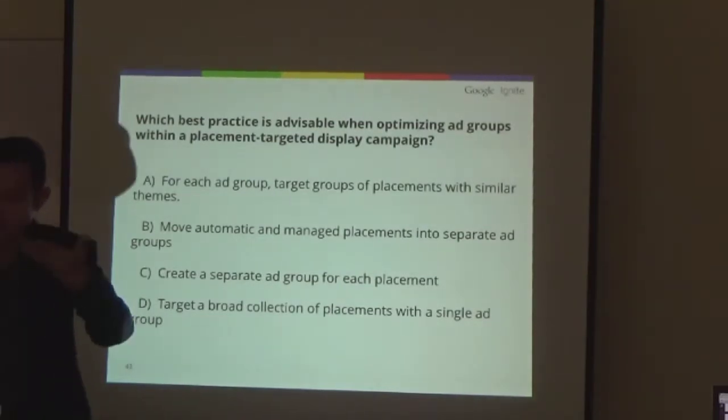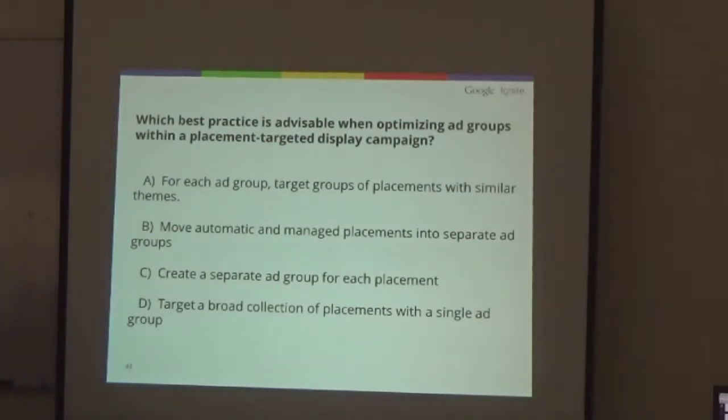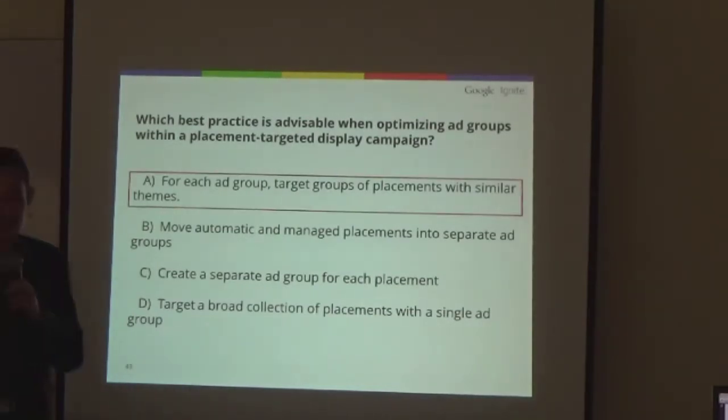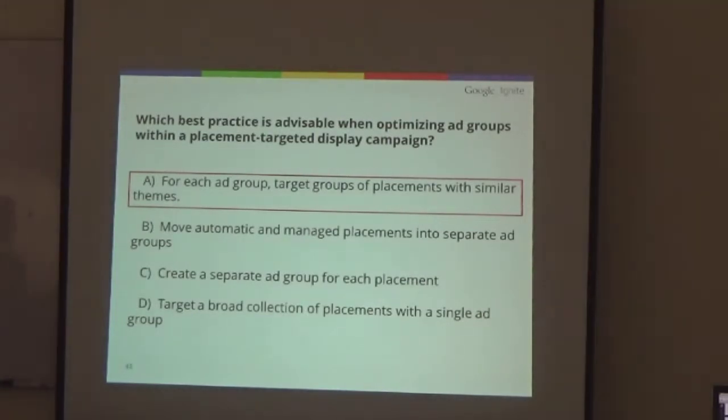Focus on your study guide. Read about the best practice on certain types of targeting options. So the answer is very basic here: target ad groups with similar themes. You choose where you want to show your ads. You choose the site, but you can group those with similar themes.